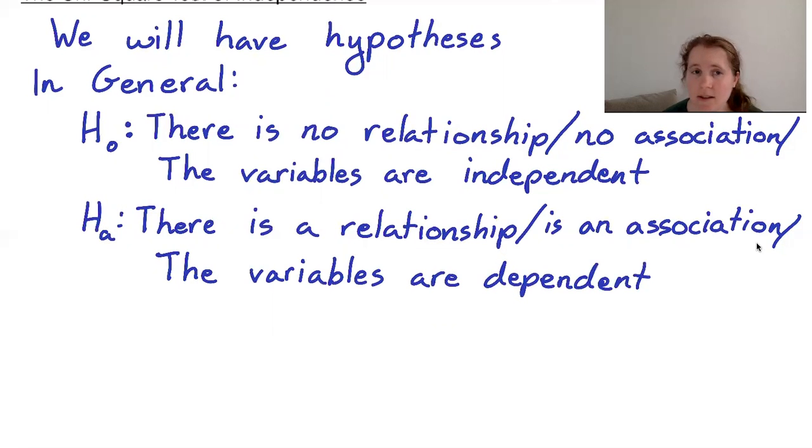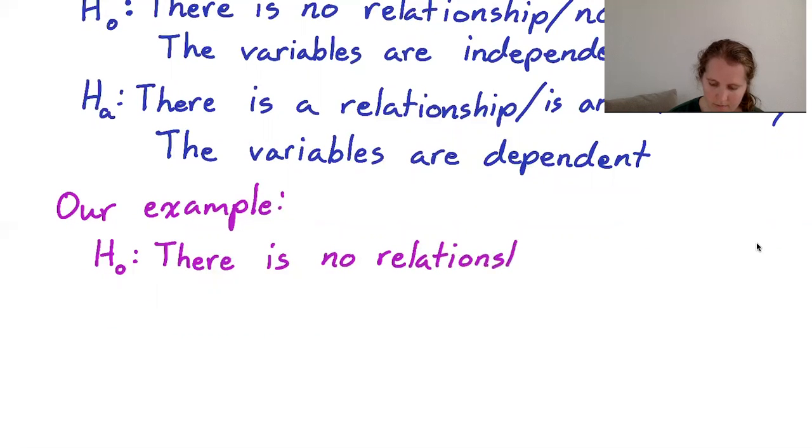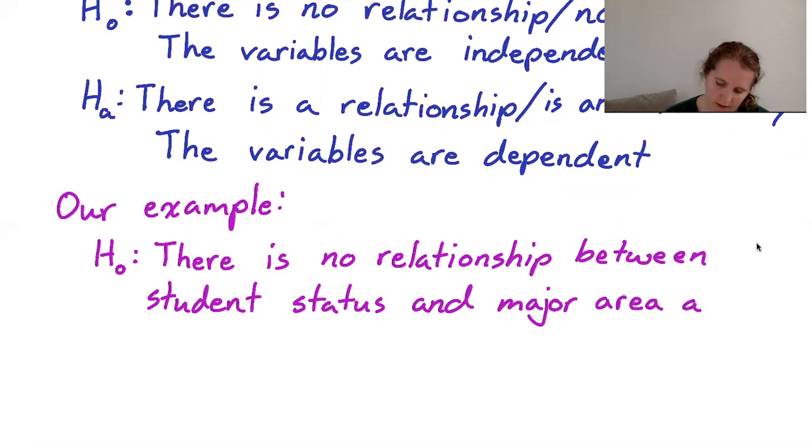In our specific example, our null hypothesis would be that there is no relationship between student status and major area at the college.